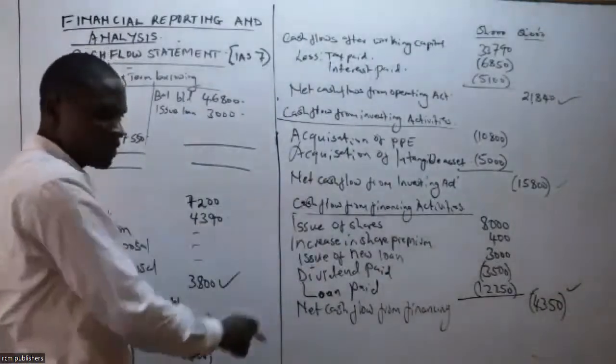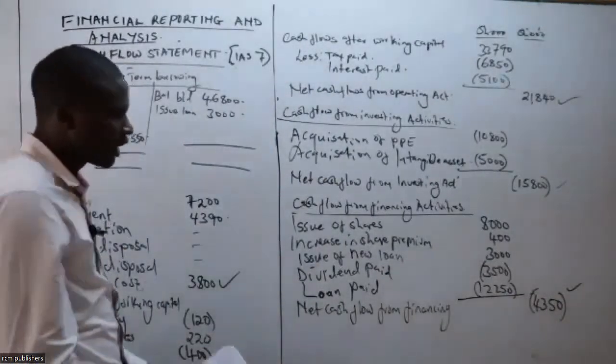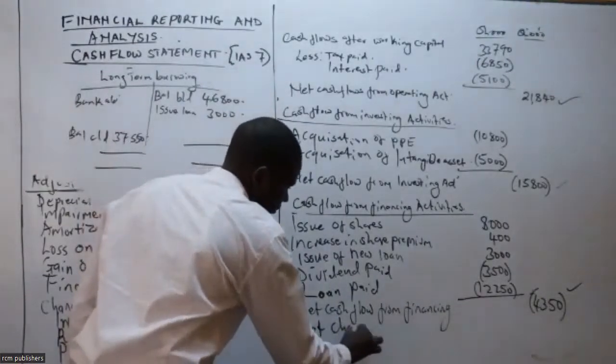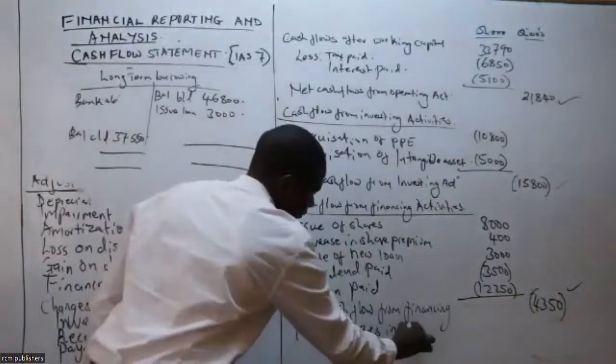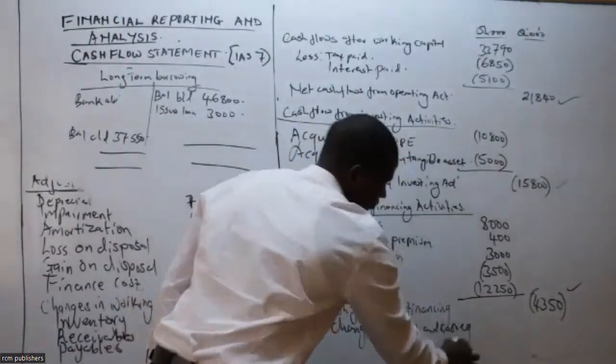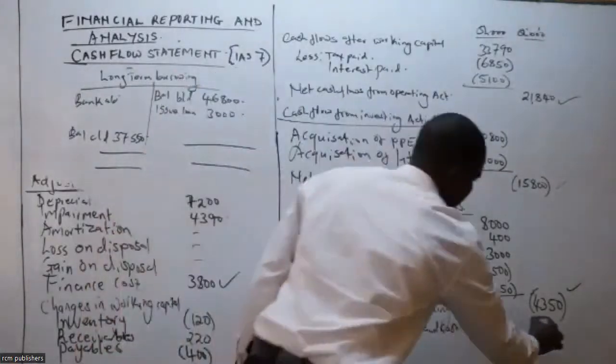So can you add for me so that we get net changes in cash and cash equivalent? Net changes in cash and cash equivalent. I've been given 1,690.